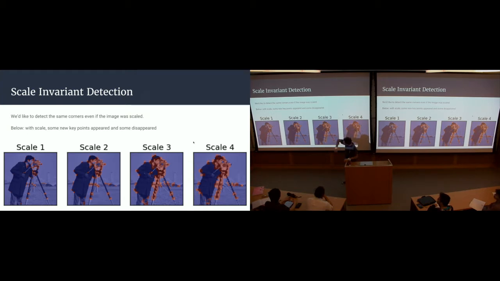So you see how the elbow, for example, does not appear in scale 1, but it does in scale 2, scale 3, and scale 4. And some other things that were in scale 1 sort of disappeared in scale 2 and scale 4. So it's not invariant to scale. So we need to figure out how to do that.